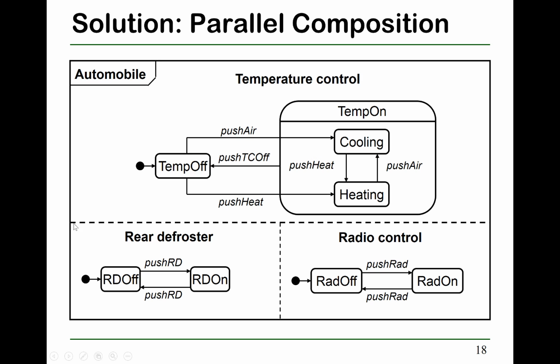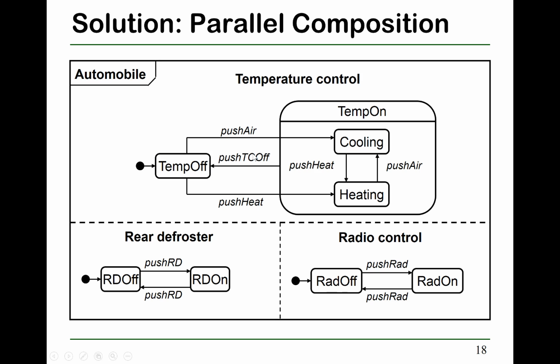So the right way to reduce this complexity is to decompose the system into multiple subsystems, and you model each subsystem individually. For example, we have this rear defroster. We push rear defroster on, then on, push it off, and the radio is also turned on, turned off. Okay, and similar for the temperature control and so on.